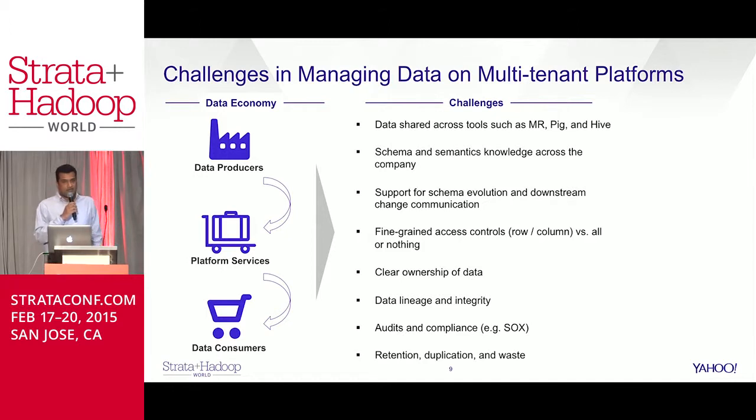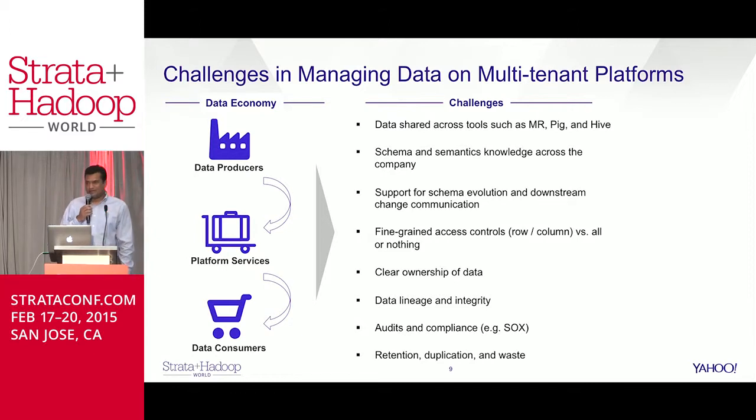Ownership of that data is often not clear when it lands up in a common platform. Lineage, integrity, data quality, all those become an issue. And then audit and compliance is important these days. You have to satisfy those requirements, as well as the 600 petabytes. How much of that is meaningful? I don't know.